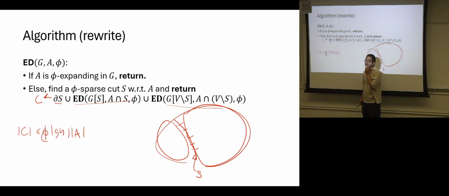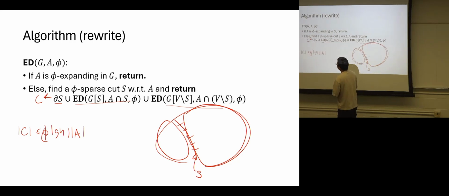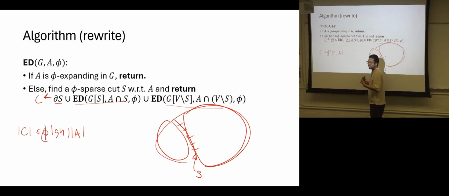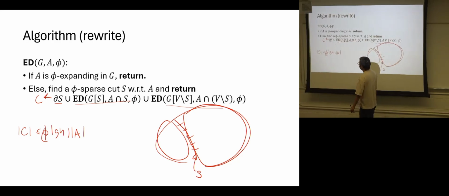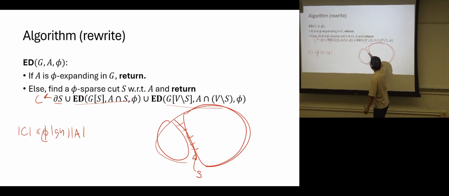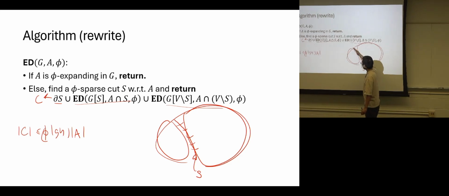We kind of somehow get a charging argument, right? The idea is that because you cut along a sparse cut, you can charge the edges that you cut to the node weighting, because it's sparse with respect to the node weighting.